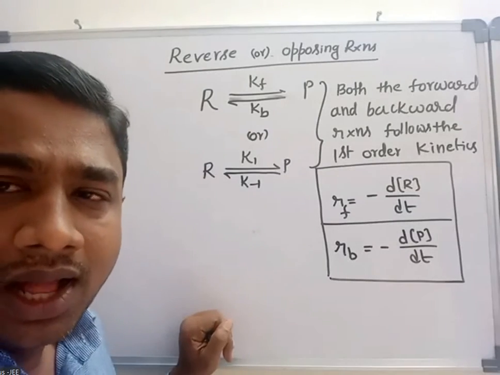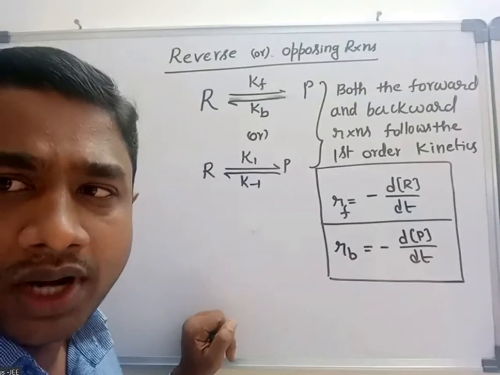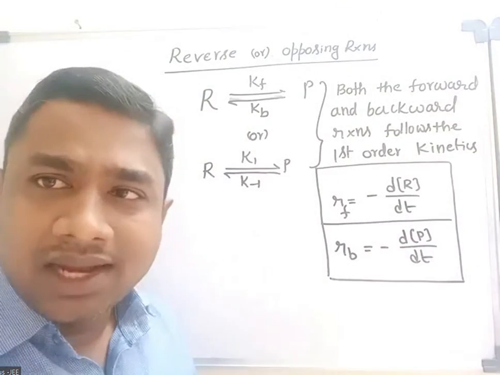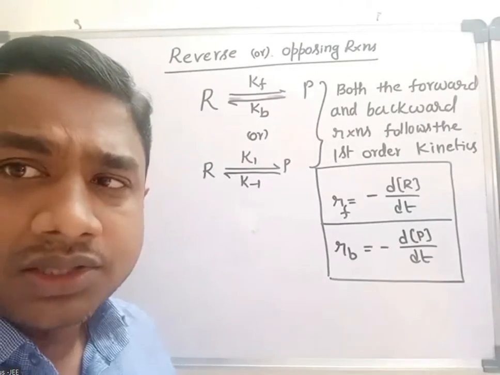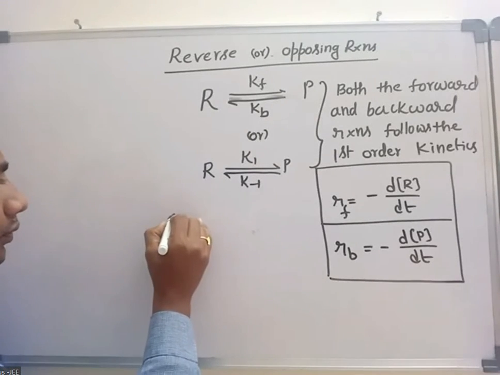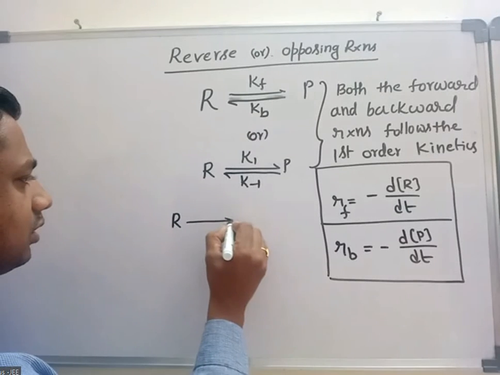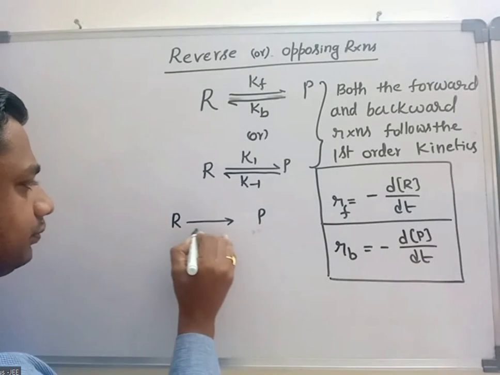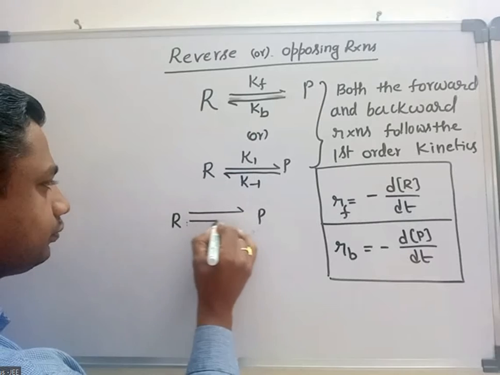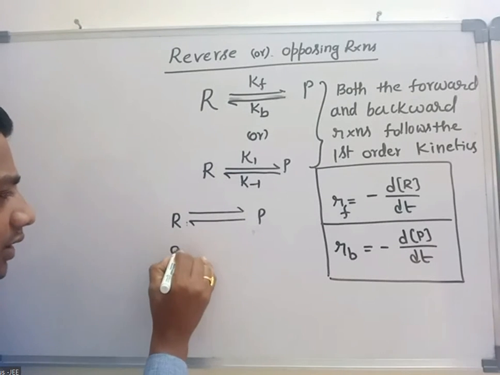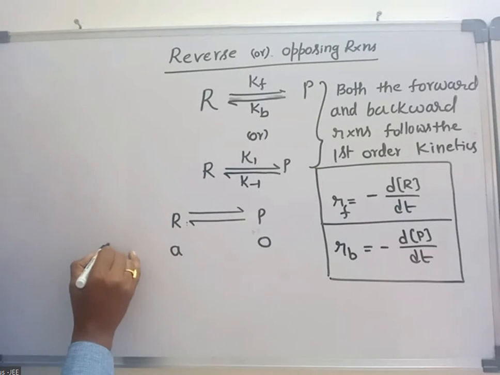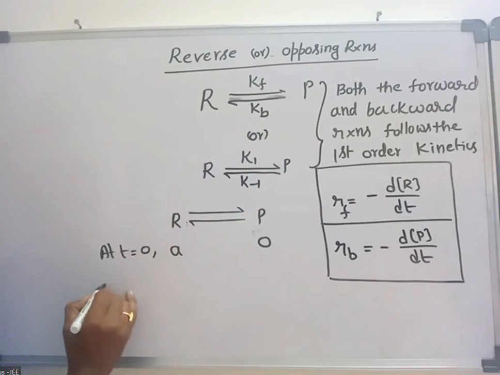What does it mean? Reactants are converted into products after some time. After the formation of products, the products are also converted back to reactants. Reactants give products. Initial concentration is A and final concentration is 0 at t equal to 0.